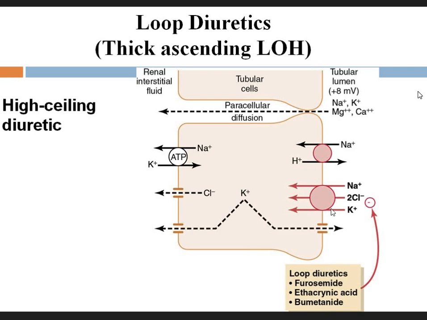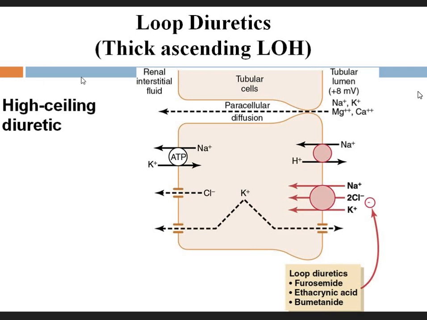If this channel is blocked, it causes a lot of changes, because this channel causes maximum reabsorption of sodium, potassium, and chloride. If it is blocked, these ions remain in the tubular fluid and prevent the reabsorption of water in further portions, because the concentration of these solutes will increase as the tubule flows further, and the water will also stay with it to maintain the osmotic balance. So substances which block this channel are known as loop diuretics.